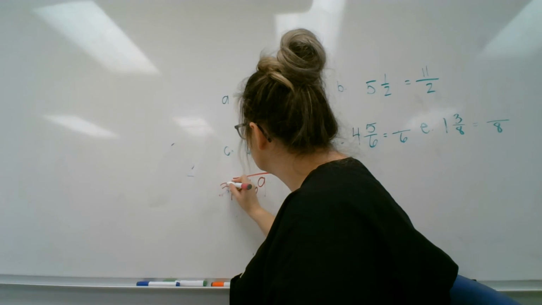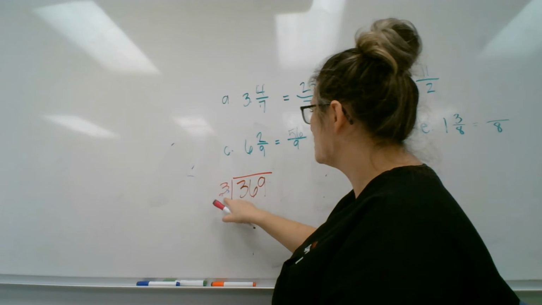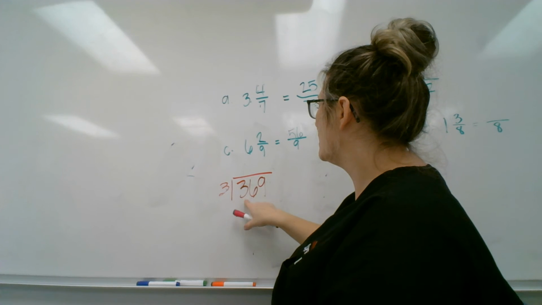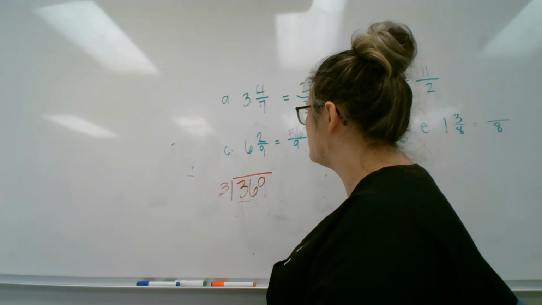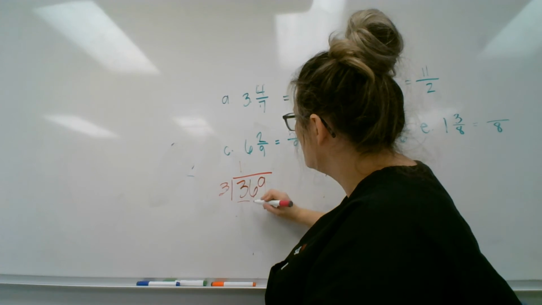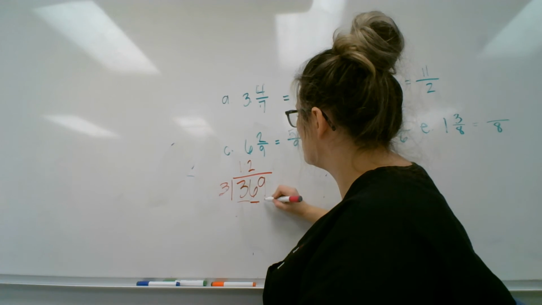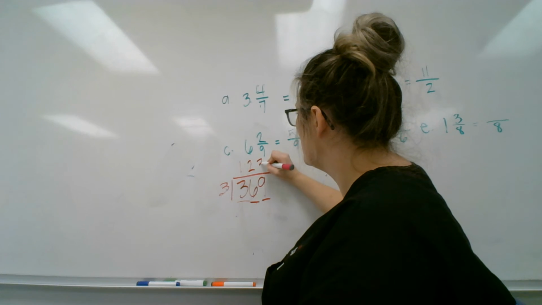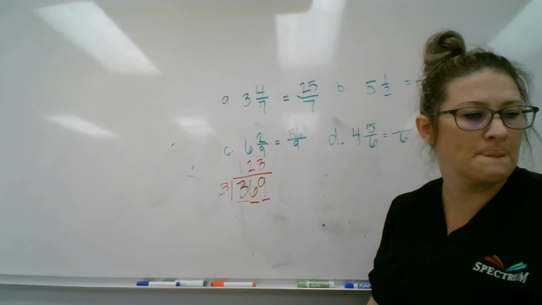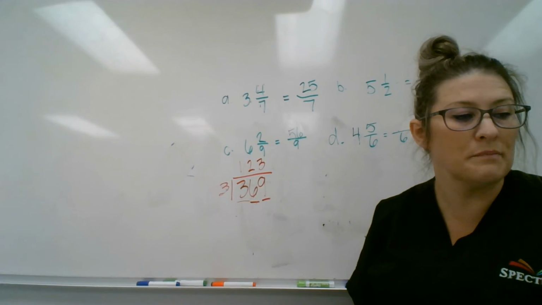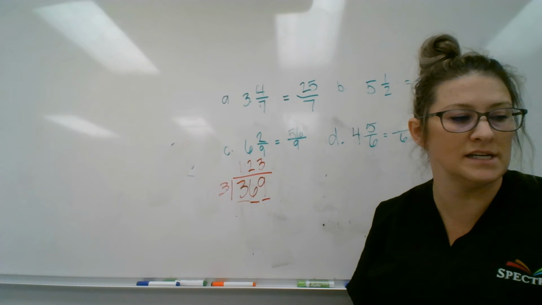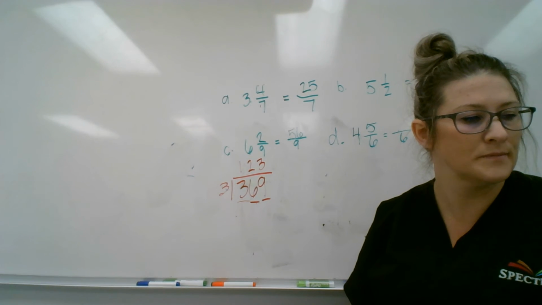Okay. So first, my first problem, 3 goes into 3 how many times? Once. 3 goes into 6 how many times? 2 times. 3 goes into 9 how many times? 3 times. Okay, go ahead and work problems B and C. They're just easy, just like that.